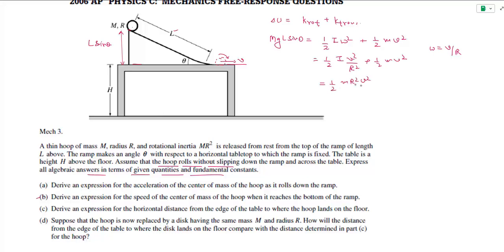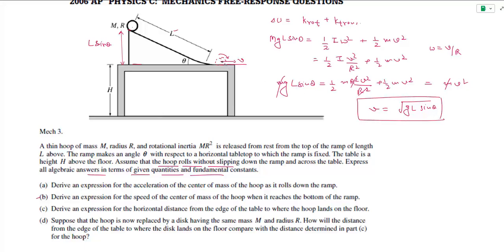So that is mr square v square by r square, half, plus half mv square, equals mgL sin theta. So r square and r square get cancelled, half mv square plus half mv square is mv square. This m and this m get cancelled, so simply you get v as root of gL sin theta. So that would be the velocity of the center of mass by the time it reaches the platform.